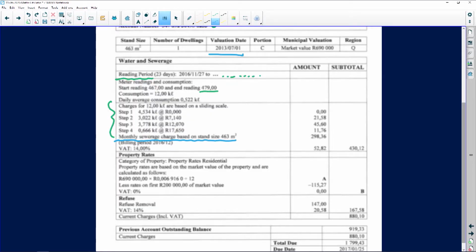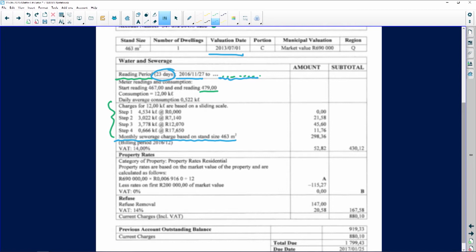Determine the end date of the reading period of this statement. This one is a nice, tricky one. How do we know the end date? We have the start date but we don't have the end date. And the end date, how do you determine that? You determine it via 23 days.